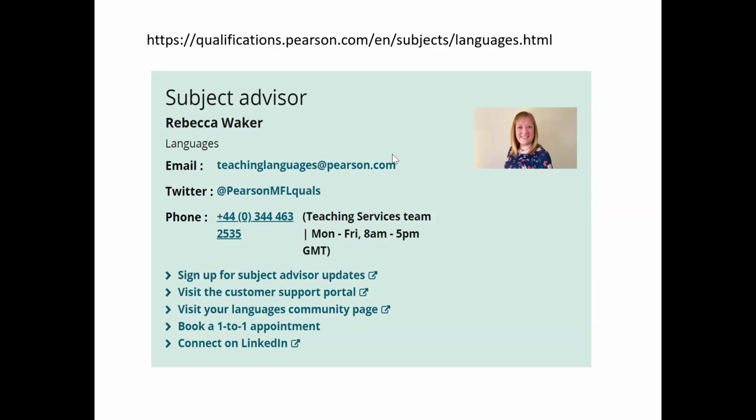If you don't receive it, sometimes it's somebody else in your school that booked you onto the session, like the exams officer, and they've given their email, and it sometimes goes somewhere else. But in the event that you don't receive it, please email teachinglanguages@pearson.com, chase it through there, and they will hopefully be able to get you the PowerPoint.